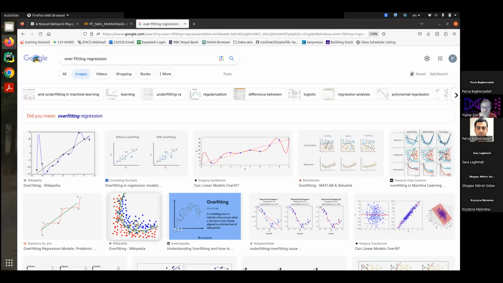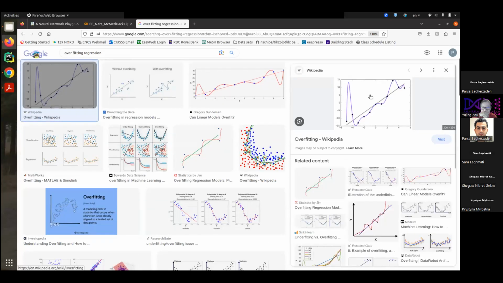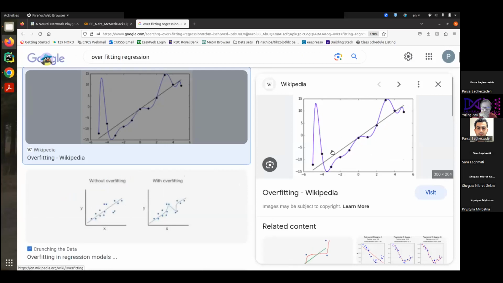For instance, here it's a very interesting figure for overfitting. You see, these dots, these samples that we have, more or less describe a linear function. But if you try to have a zero error or zero loss, we might end up with a function that is fitted on the data like this. You see that for the training samples we have zero error.